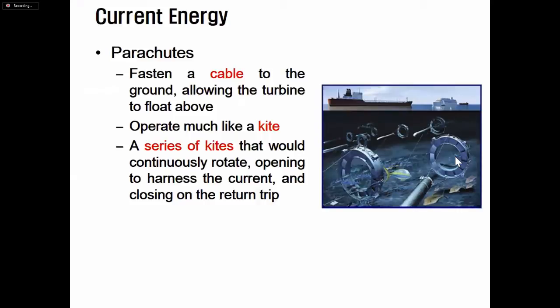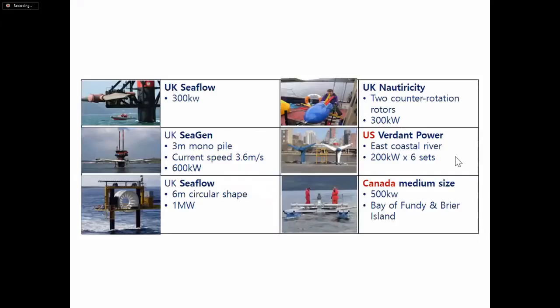So a series of kites, many kites, continuously rotate. Right. This is the existing current power generation system.